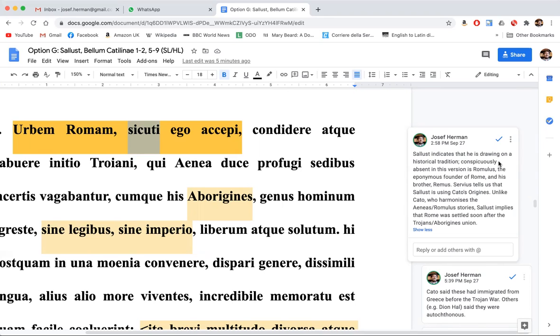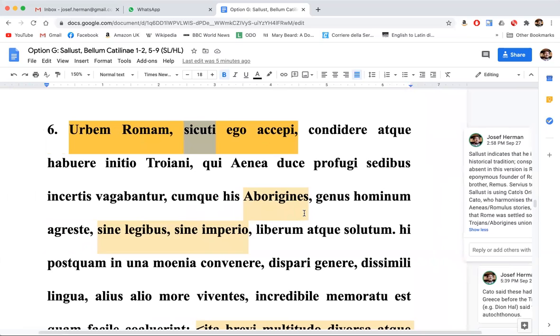Pretty soon after that, the city is founded. So rather than this idea that the Trojans arrive and then a few hundred years later, Romulus founds the city, in Sallust's version, instead, you have the Trojans arriving and then very soon after that, Rome being settled with no mention of Romulus and Remus.